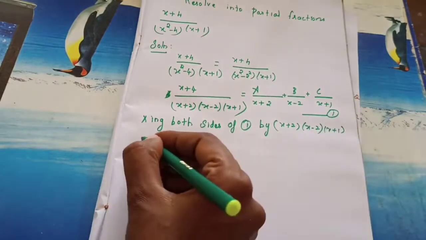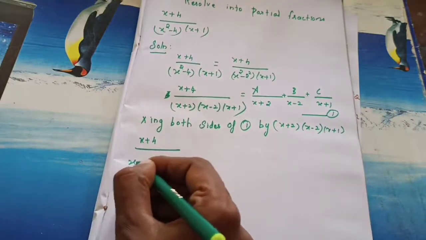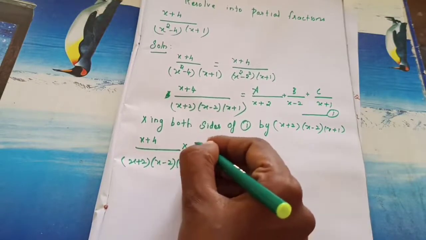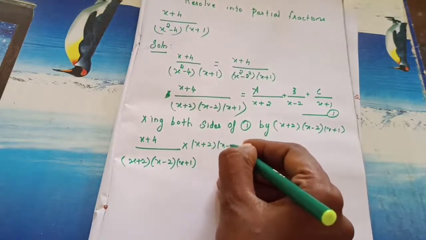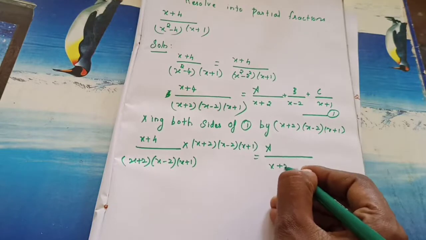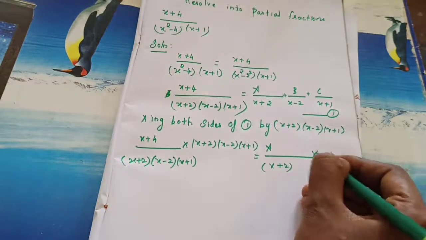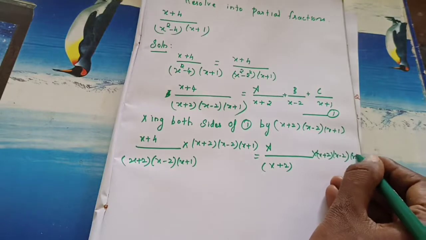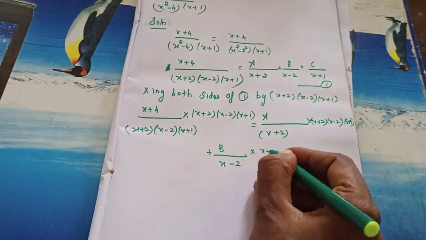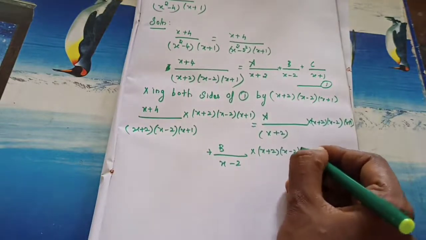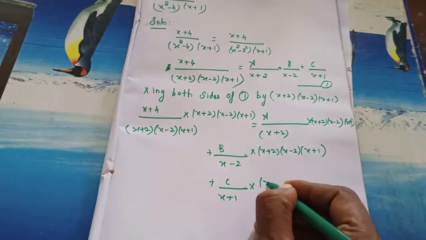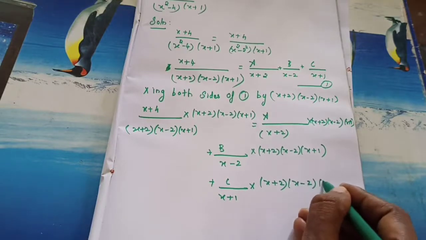Okay, substitute here. So (x plus 4) divided by (x plus 2) into (x minus 2) into (x plus 1), into (x plus 2)(x minus 2)(x plus 1), is equal to a by (x plus 2) into (x plus 2)(x minus 2)(x plus 1), then plus b by (x minus 2) into (x plus 2)(x minus 2)(x plus 1), then plus c by (x plus 1) into (x plus 2)(x minus 2)(x plus 1).